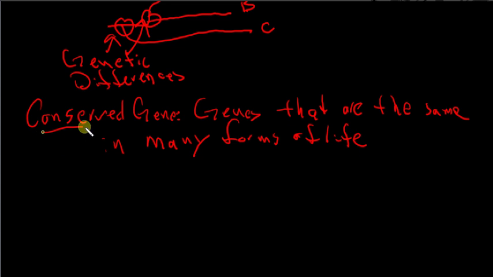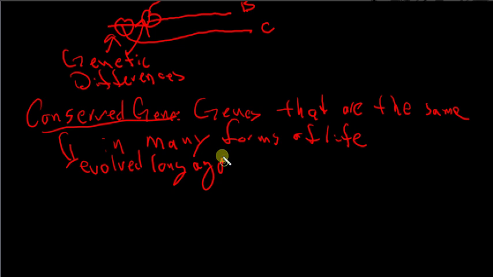That means conserved genes evolved long ago. Many different organisms have these conserved genes. They have remained similar over long periods of time. These conserved genes help us clarify what the very earliest forms of life have had and where different genes began to diverge.